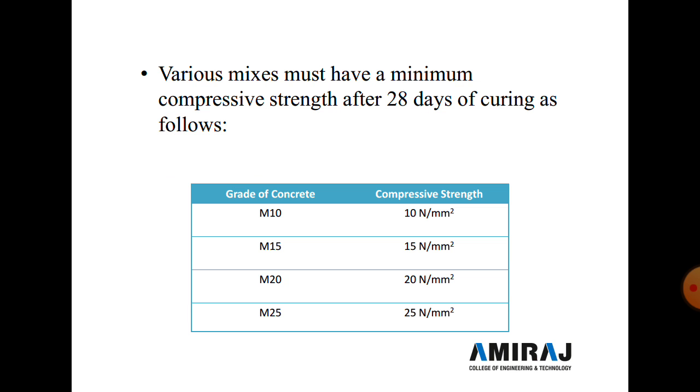After 7 days we test 3 cubes, after 14 days we test 3 cubes, and after 28 days we test 3 cubes. The average value of the 3 cubes is the final strength at 7 days, 14 days and 28 days. Generally after 28 days we get the compressive strength of the concrete. If we get a compressive strength of 10 Newton per mm square, it means it is M10 grade concrete.